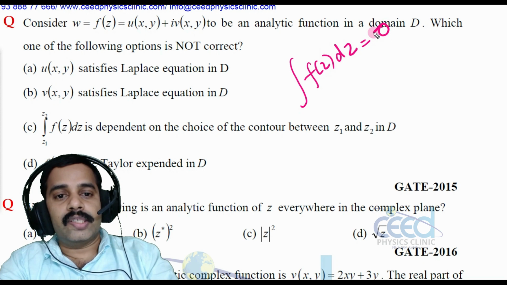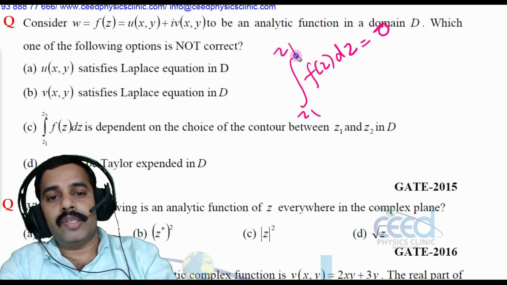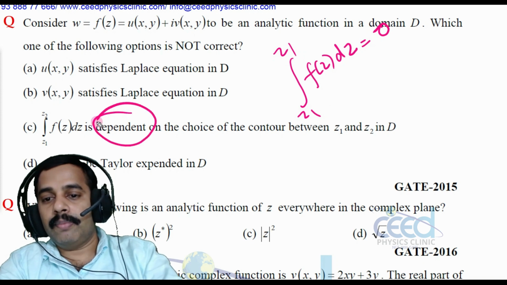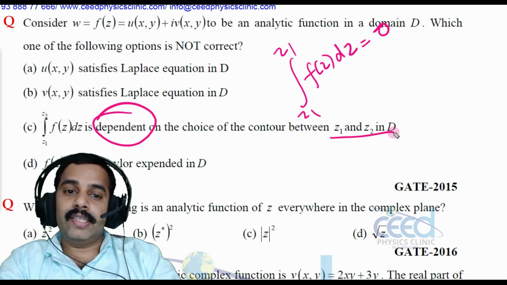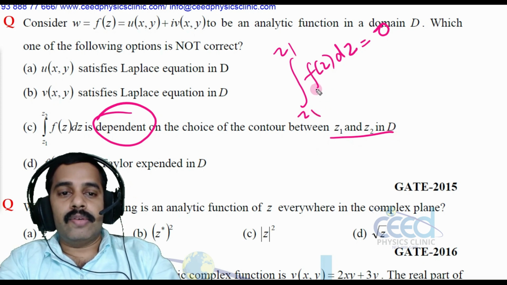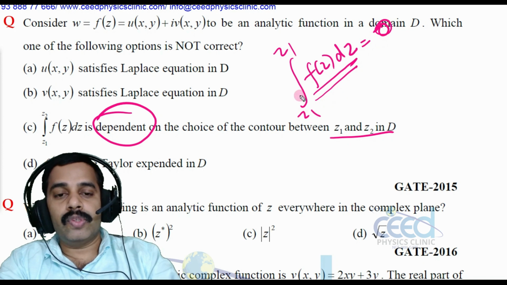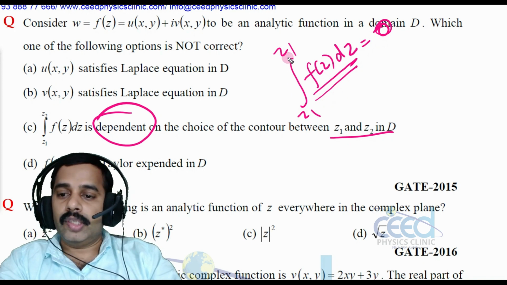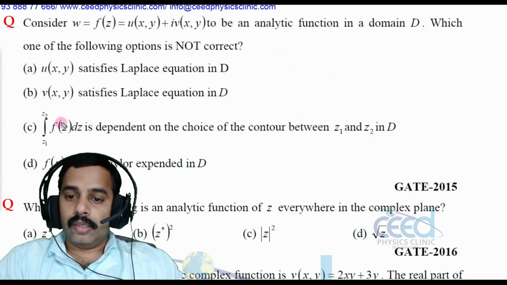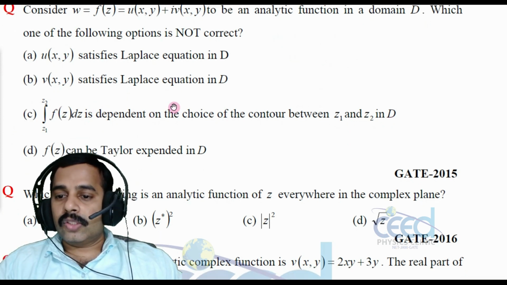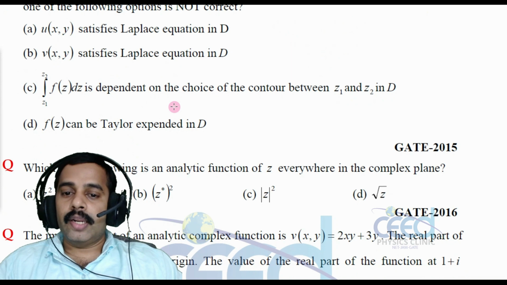That we have already studied, that is independent of the limit and the choice of contour. So this is an incorrect statement, right? So the next option is f of z can be Taylor expanded in D, right?